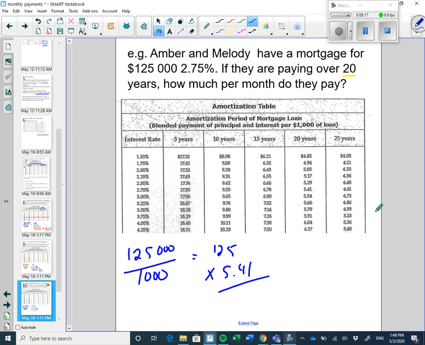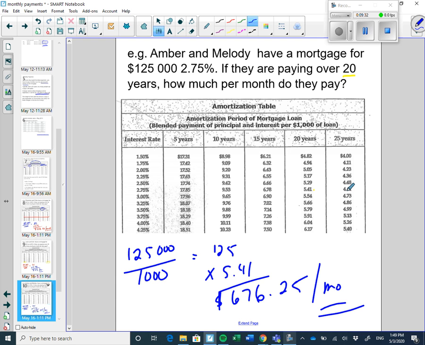So 125 times 5.41 is $676.25. And again, that's per month.